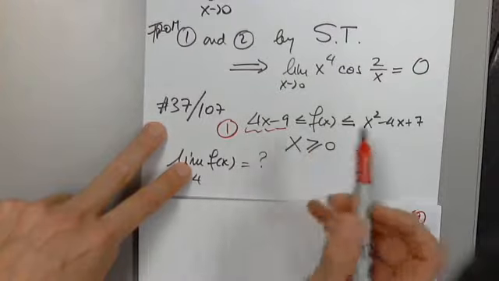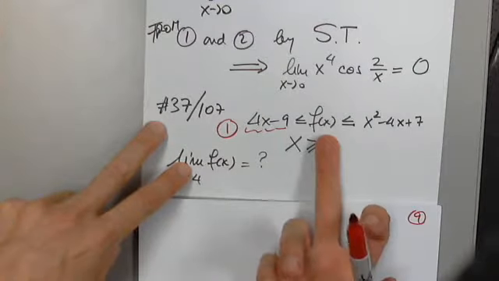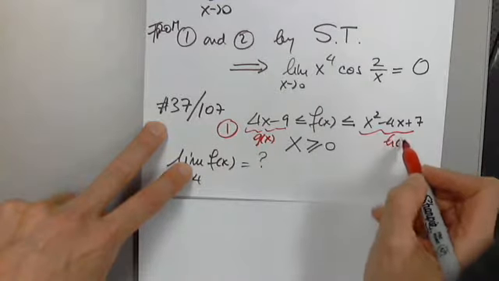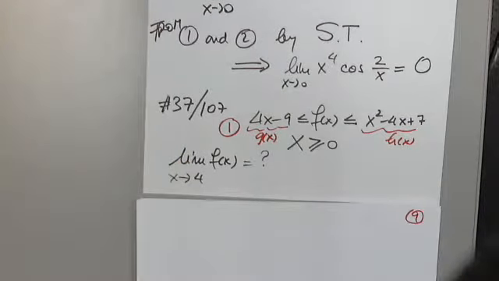What is this? Now, since they denoted this by f of x, let's denote this by g and this by h. So they're already giving us the first hypothesis. It's already fulfilled. They're giving us the bound from below, and they're giving us the bound from above. What is the second step that we need to perform?